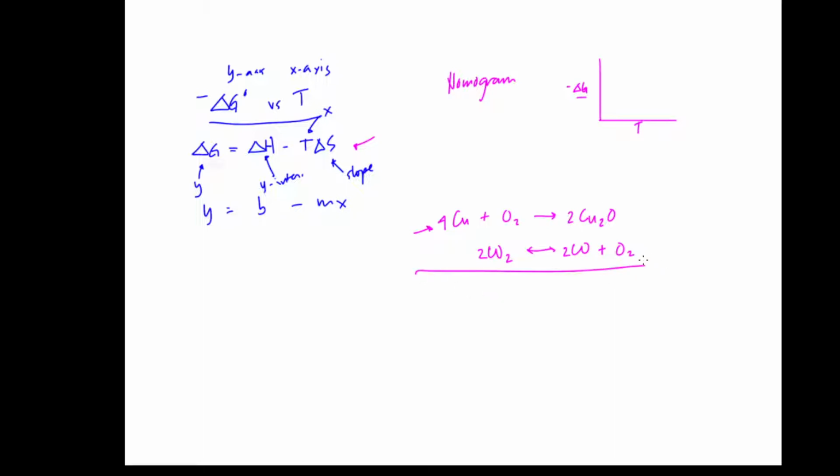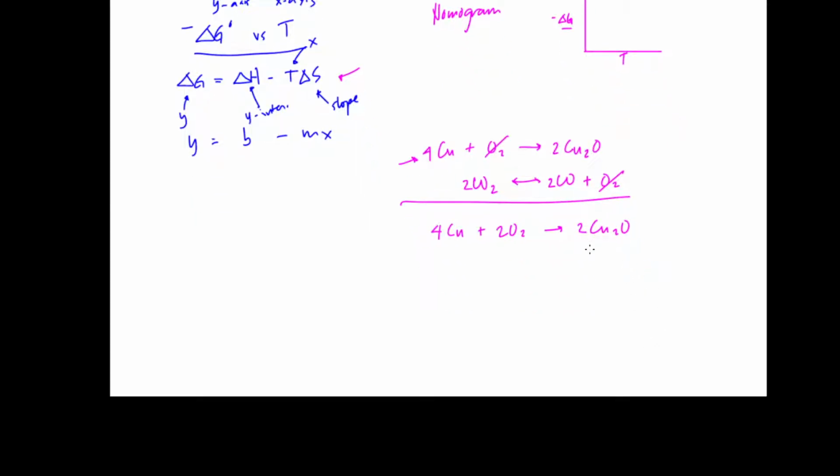Then this cancels out. Now our system becomes 4Cu plus 2CO2 yields 2CO plus 2Cu2O. Okay? Now we can also, let's just say na hinahanap natin yung K equilibrium nito, no?